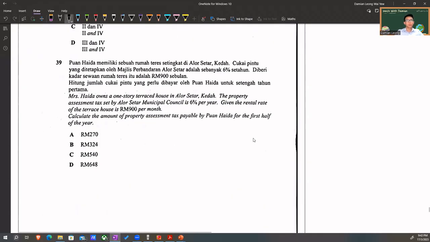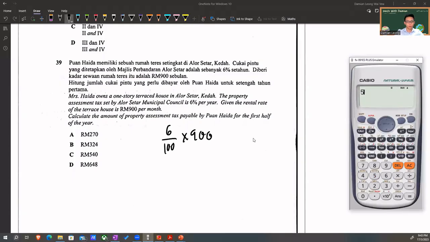Question 39. Mrs. Haida owns a one-story terrace house in Alor Setar, Kedah. Property assessment tax set by Alor Setar Municipal Council is 6% per year. Given rental rate of terrace house is 900 per month. Calculate the amount of property assessment tax payable by Mrs. Haida for the first half of the year. Yeah. So let's find 6% of 900. 54.